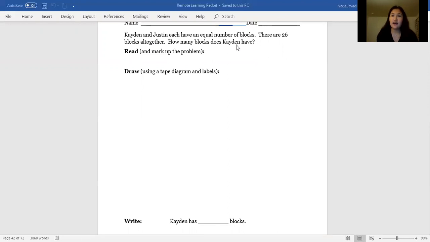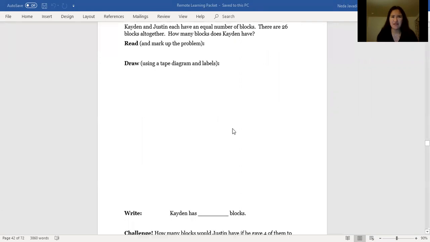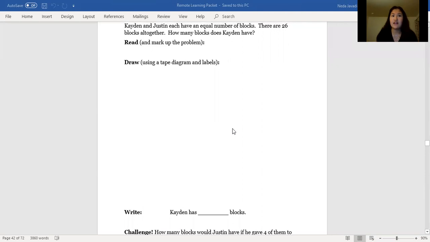Cool. Now that you've solved it on your own, let's solve it together. So we know that Caden and Justin have an equal number of blocks. Does that mean that they have the same or a different number of blocks as each other? That's right, they have the same number of blocks as each other because they have an equal number of blocks.